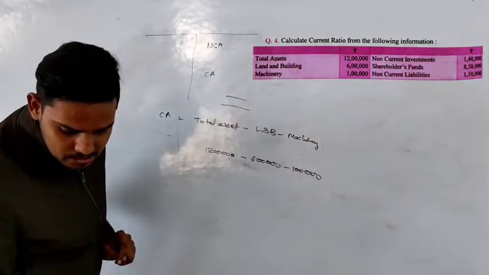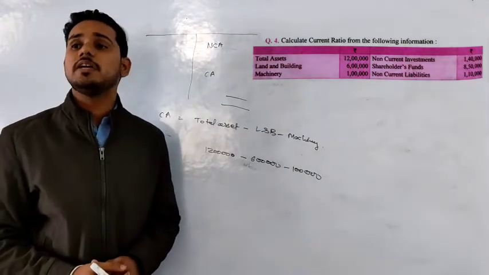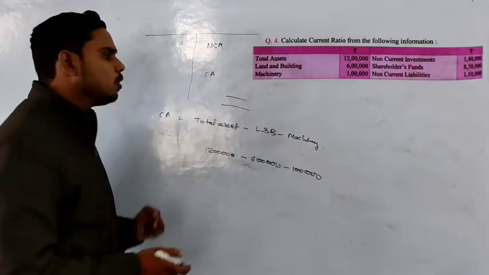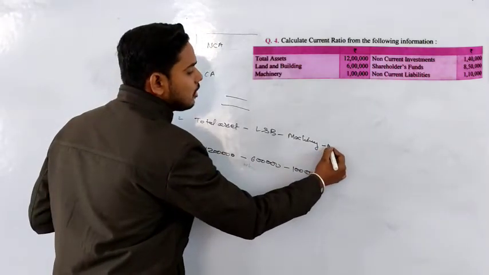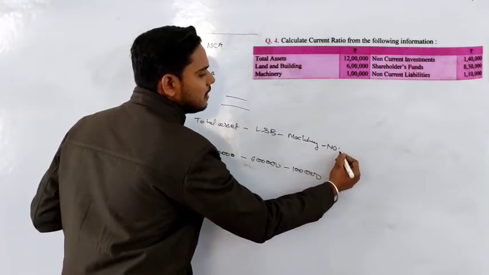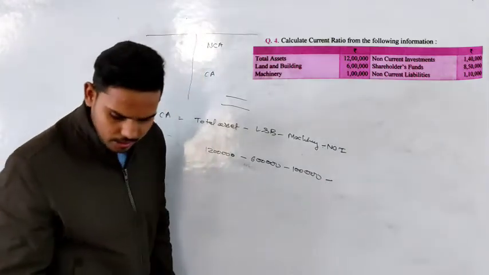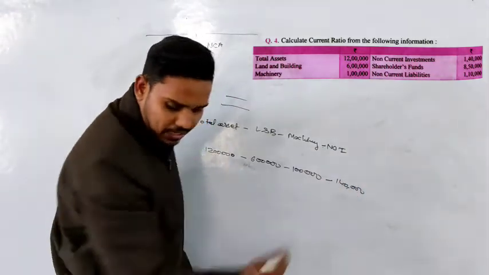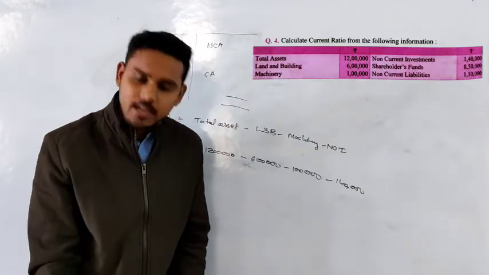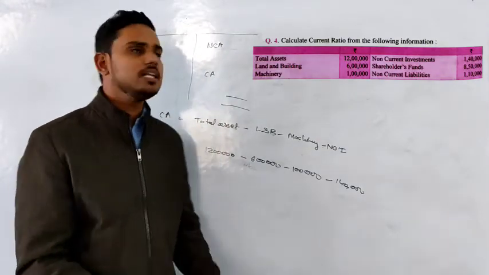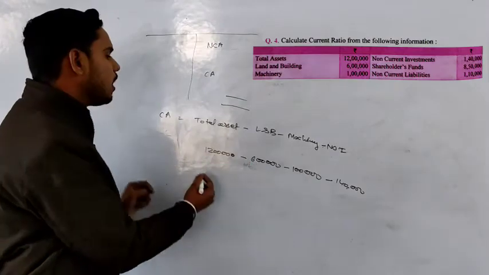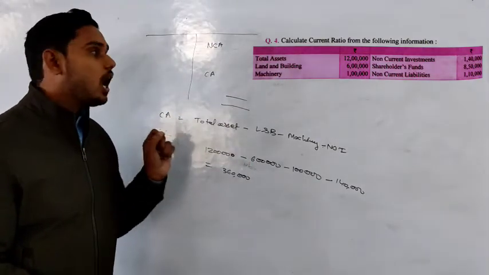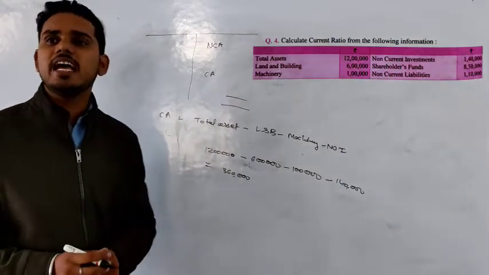Then non-current investment is also a non-current asset, so minus non-current investment, which is given in the question as 1,40,000. The next information, shareholder fund and non-current liability, is a different thing, of no use here. Now we can find our current asset. No confusion. Now we need current liability as well.